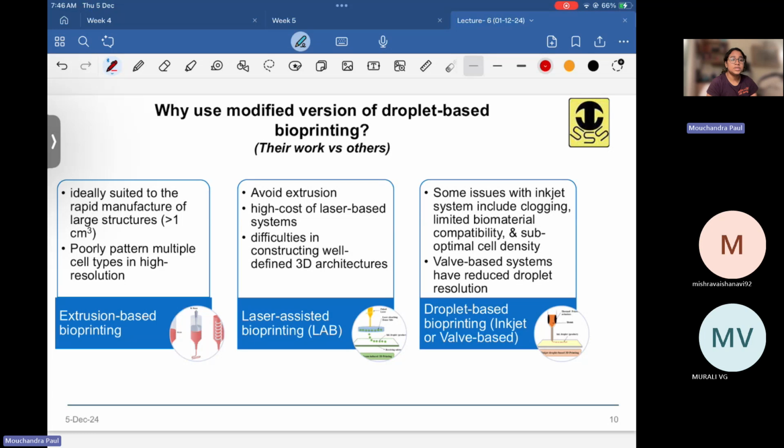In fact, in my experience, you can get good resolution structures using extrusion-based bioprinting if you don't go below 10 mm by 10 mm, okay? Let's say I'm making a grid like this, where the length and breadth is 10 mm. If I go below 10 mm, then it's very hard to get good resolution.